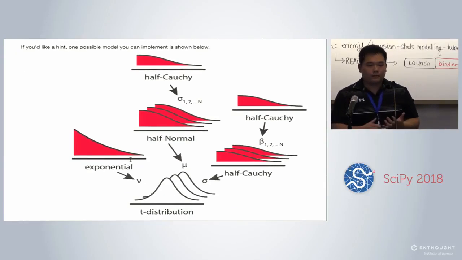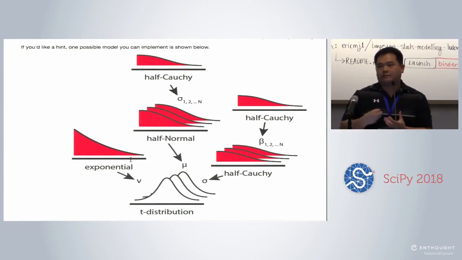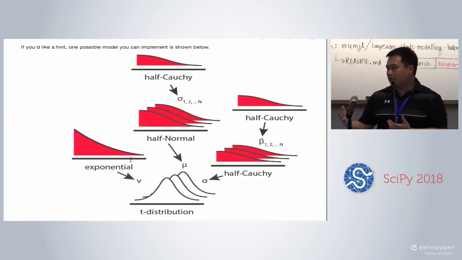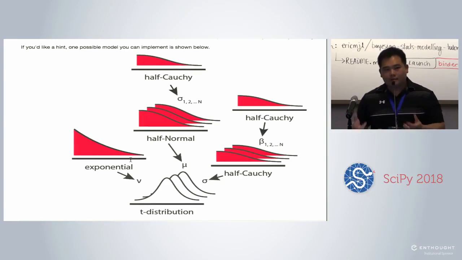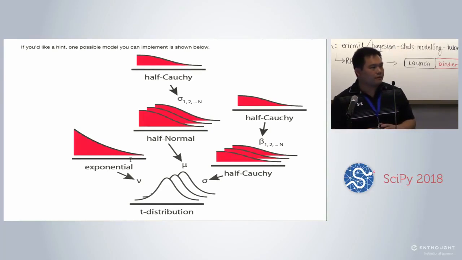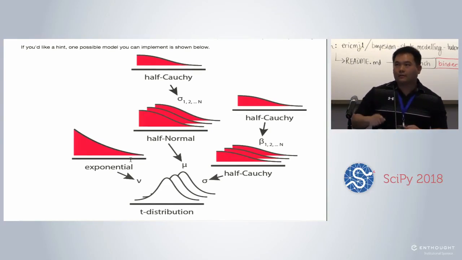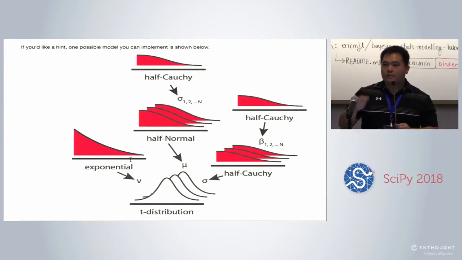The thing I really wanted to introduce to you is this notion of a hierarchical model. In this hierarchical model, we're trying to impose a model structure that encodes our assumptions. Keep in mind, we're making assumptions all the way down.